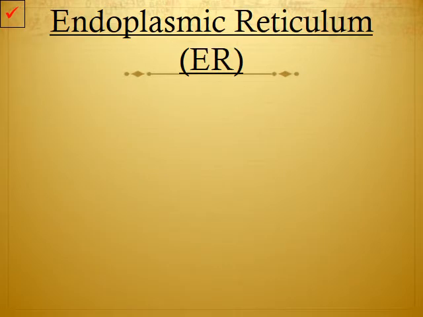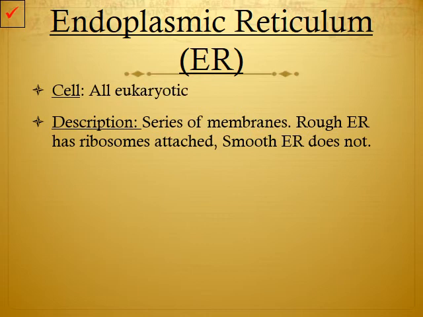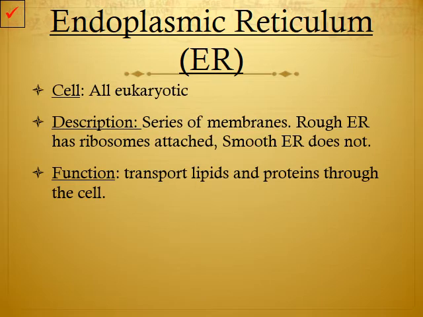Speaking of the endoplasmic reticulum, or ER for short, it's found in all eukaryotic cells. It is a series of membranes. Now there are two varieties. You have the rough endoplasmic reticulum and the smooth. The rough ER is responsible for transporting proteins throughout the cell, whereas the smooth ER is responsible for carrying out lipids. So, the function.